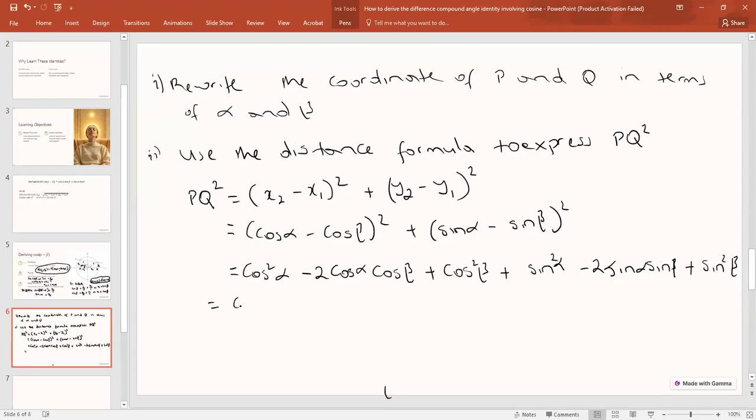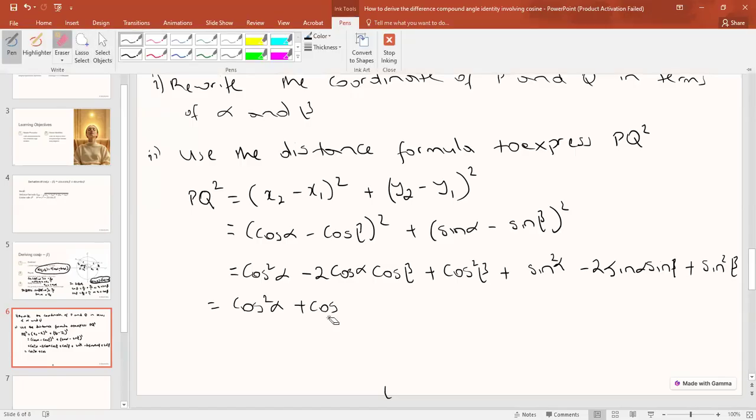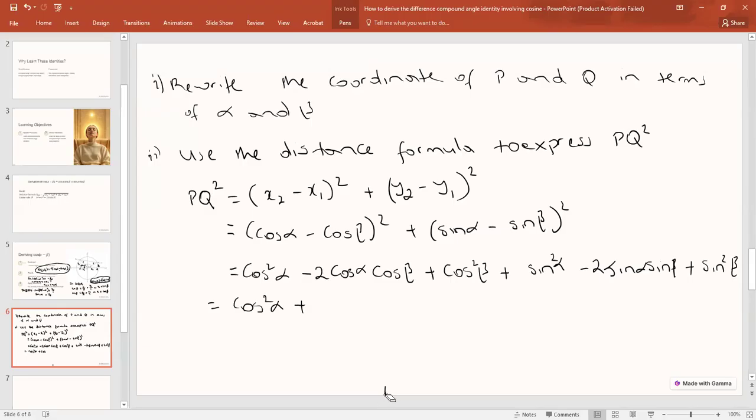Remember the trigonometric identities that we know from our previous knowledge. We can now write this as cosine squared of alpha plus sine squared of alpha. We group it like this for simplification. Cosine squared of beta plus sine squared of beta, minus 2.